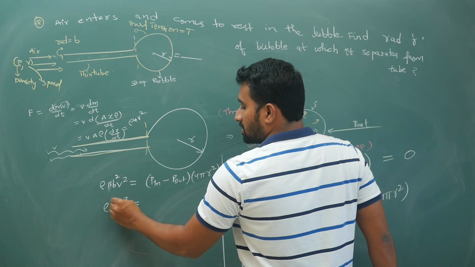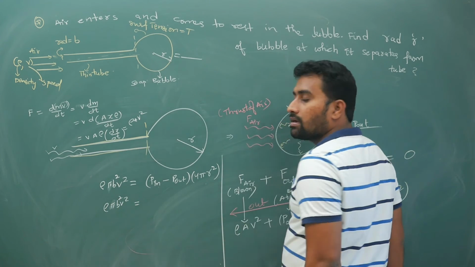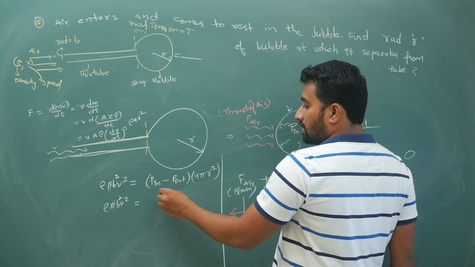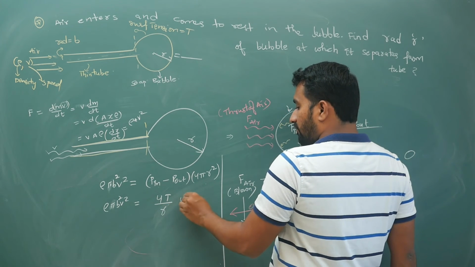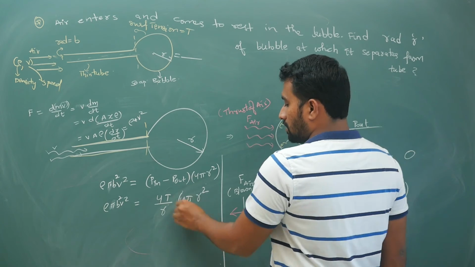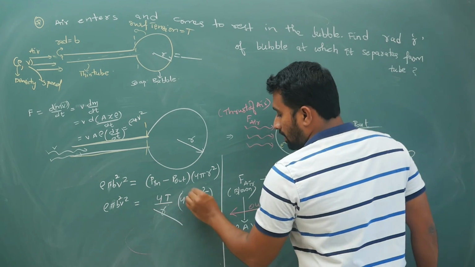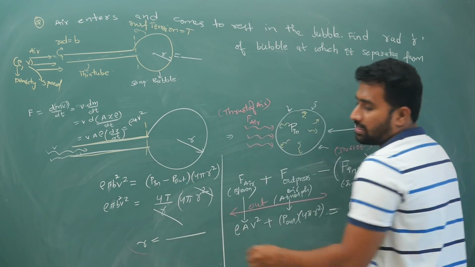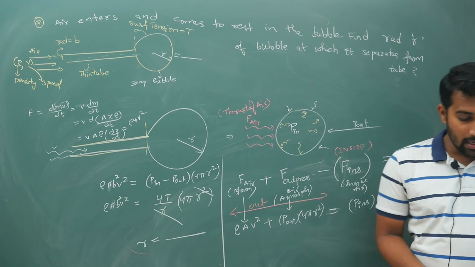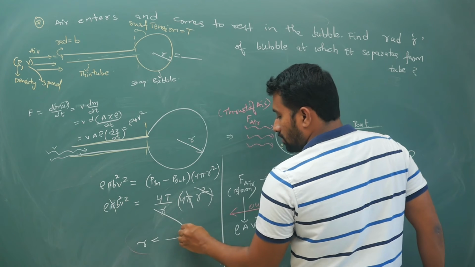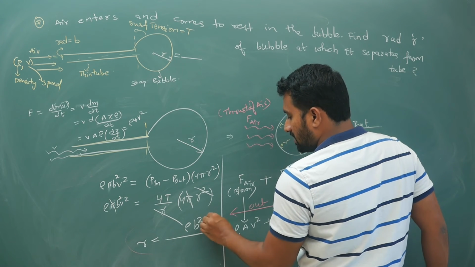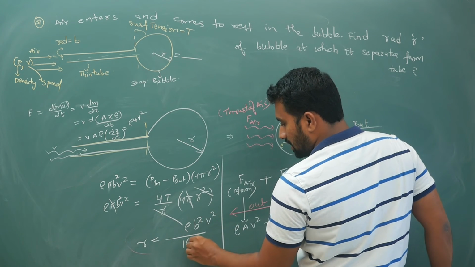So rho pi b square v square is equal to 4T by r into 4 pi r square. You simplify this: r will go off, send r to one side and keep all the terms on the other side. Pi will cancel off, and you will get rho b square v square by 16T.